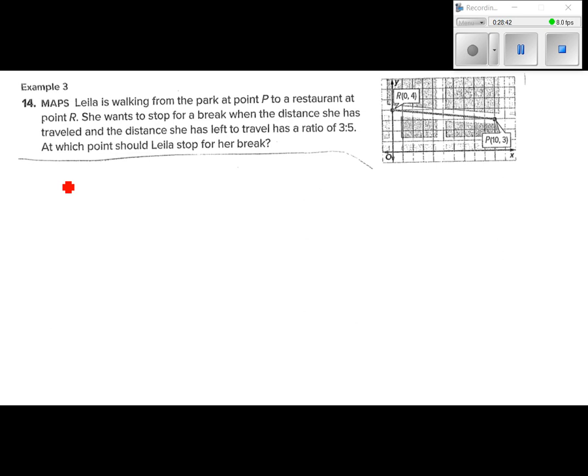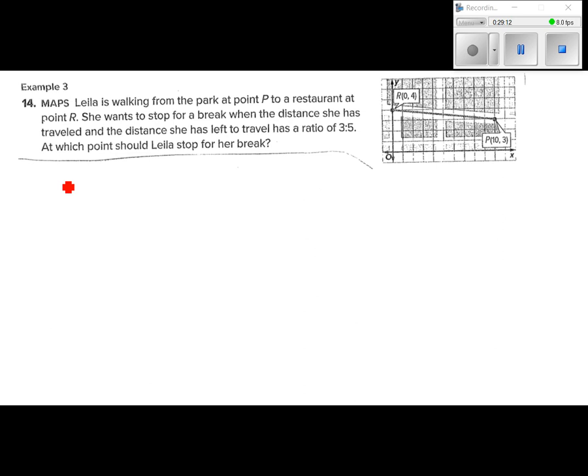No. It's Mo. On this one, Layla is walking from the park at point P to the restaurant at point R that's on the back of the page. She wants to stop for a break when the distance she has traveled and the distance she has left to travel is 3 to 5. At which point should Layla stop for her break? So, they already give us the things up here, but I'm gonna rewrite them over here.